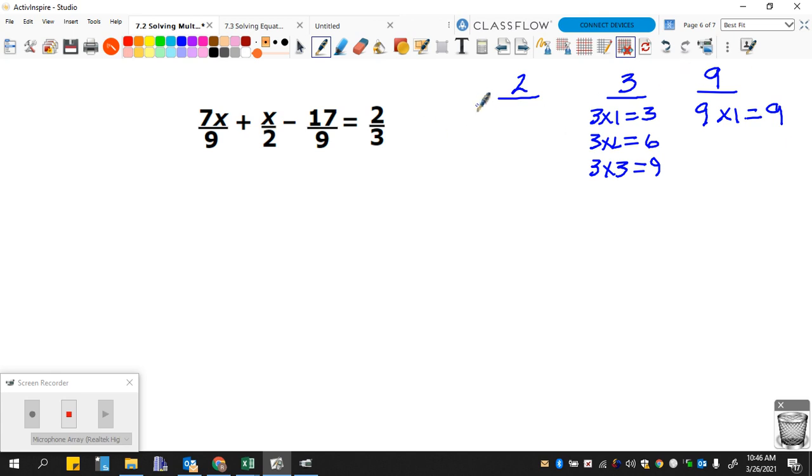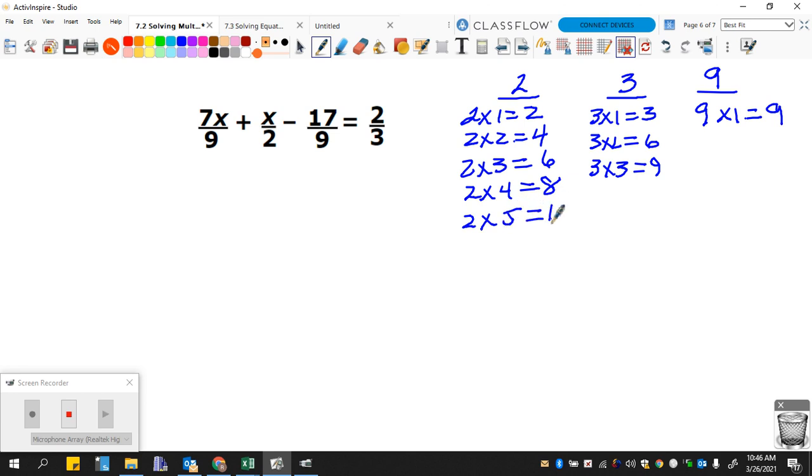But 2 times 1 is 2. 2 times 2 is 4. 2 times 3 is 6. 2 times 4 is 8. 2 times 5 is 10. Okay, so now we're above the 9. So let's go back over here to the 9. 9 times 2 is 18. Okay, let's go with the 3s.